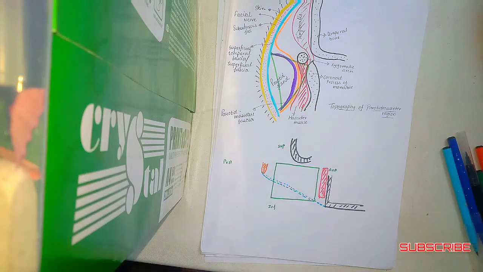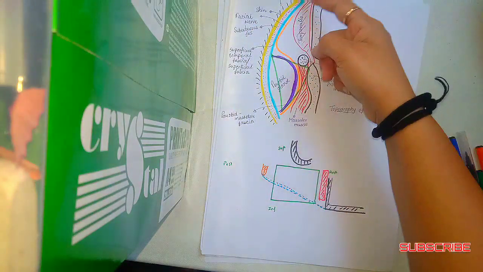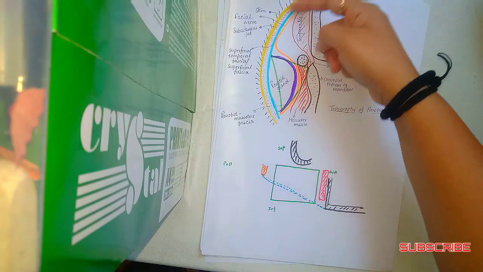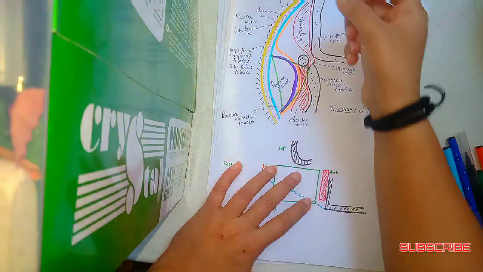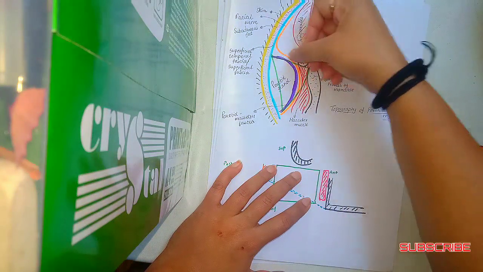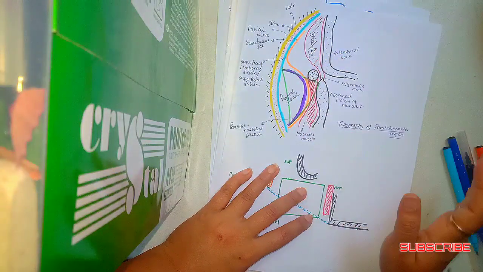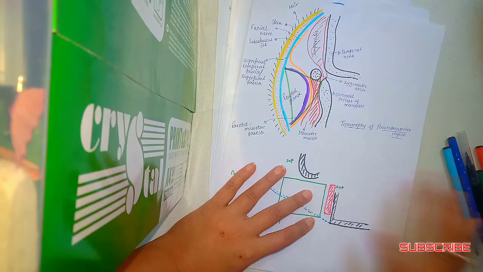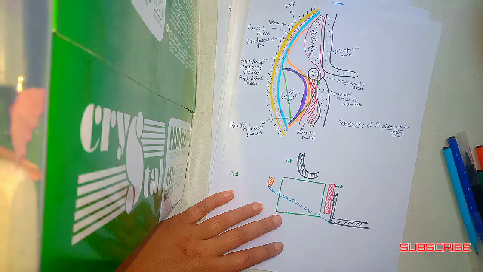Now we will see the neurovascular bundles of the parotid masseteric region. The first is the facial nerve. This orange color is the facial nerve, right? Now we will have the auriculotemporal nerve. Here I didn't draw it. And the third is the external jugular vein.